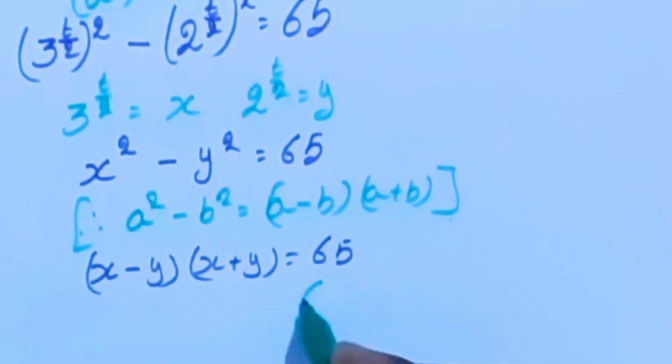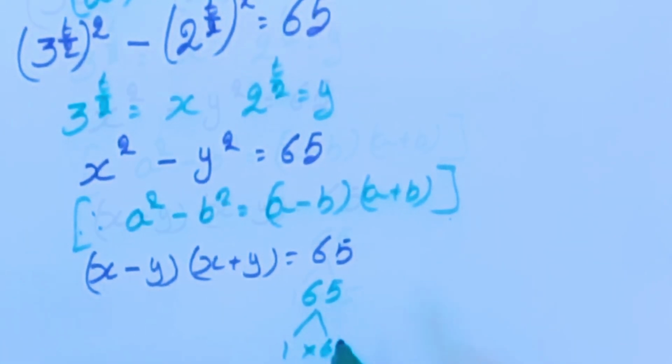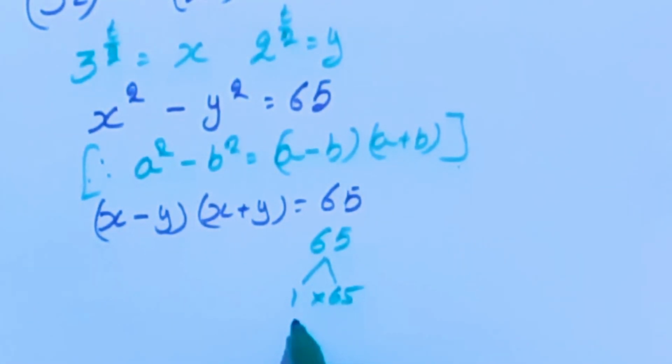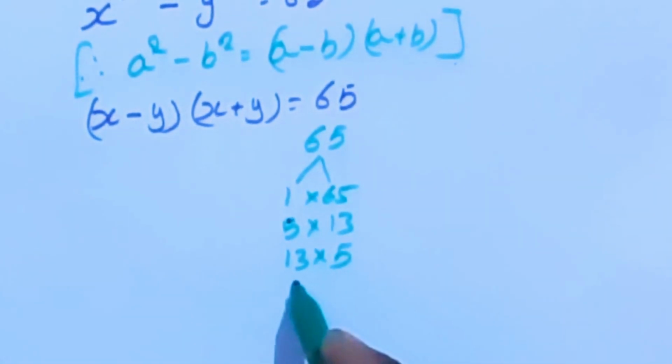Now this 65 can be written as 1 times 65, same way 5 times 13, 13 times 5, 65 times 1.